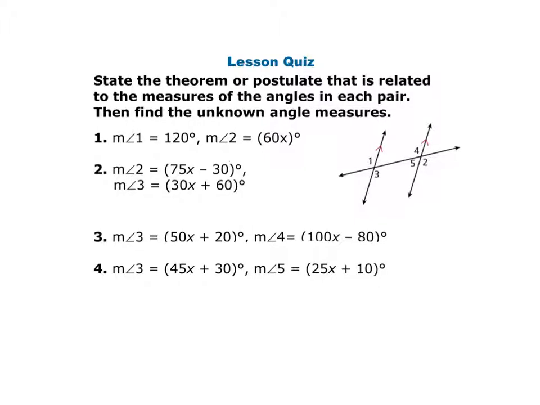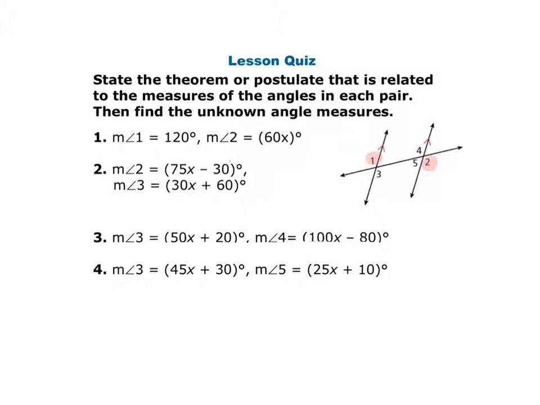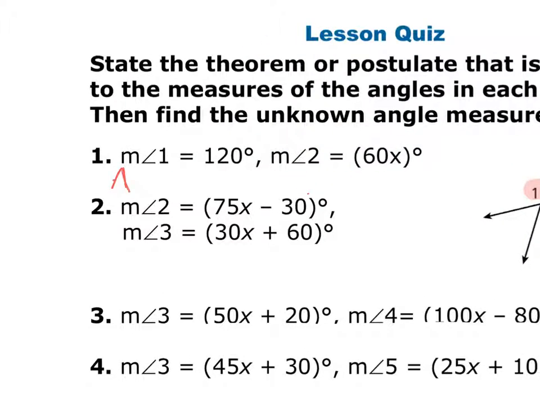So, state the theorem or postulate that is related to the measure of the angles in each pair. Then find the unknown angle measures. So if we have angle 1 and angle 2, what is the relationship between these two angles? Alternate exterior.